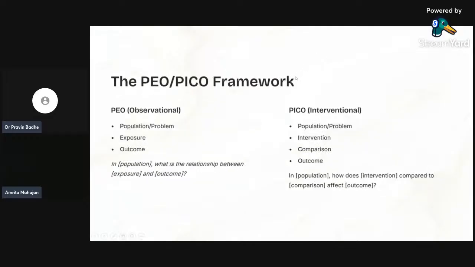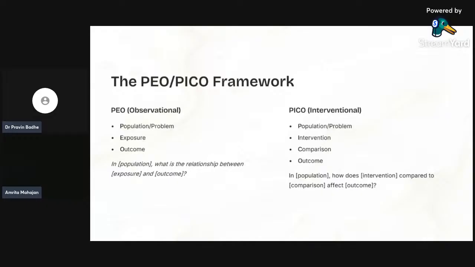And yesterday also I gave one talk about this framework as well. It's the PICO framework or PEO. PEO is observational. You will find out the population or the problem, you will find out the exposure, and you'll find out the outcome. In a population, what is the relationship between that exposure and outcome? You have to find that out.